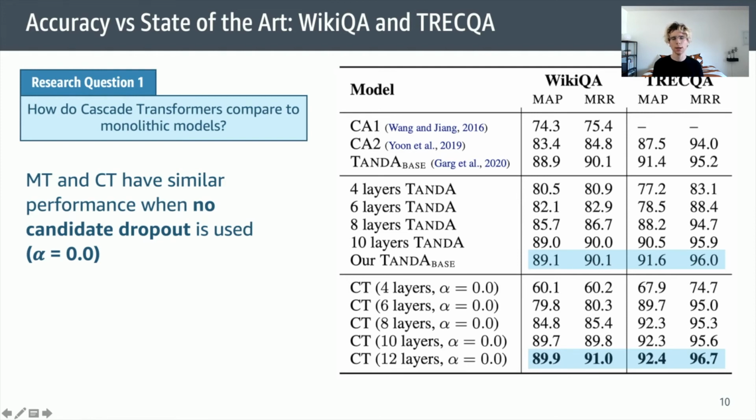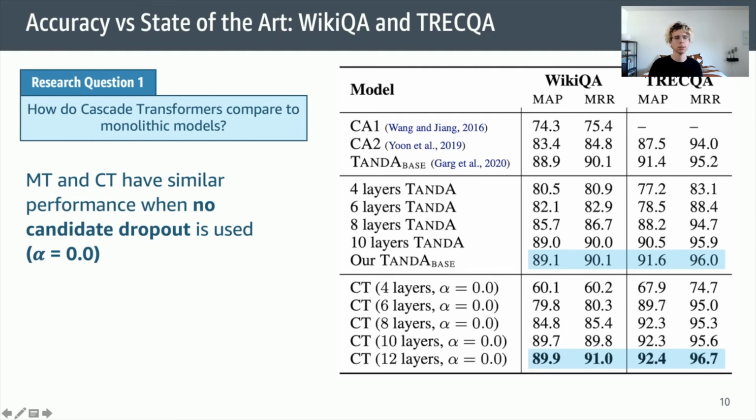And what we found here is that our Cascade Transformer model, when no dropout is used, improves over state-of-the-art question answering models. So we outperform our previous best state-of-the-art.